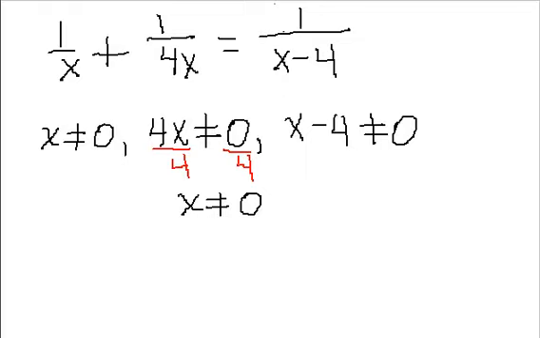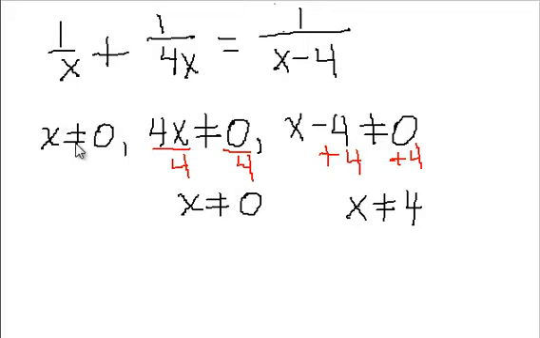All right, now another property of equality that's also a property of an inequality of this type is that I can add the same number to both sides. So I'm going to isolate x in the expression x minus 4 not equal to 0 by adding 4 to both sides. So I wind up with the fact that x cannot equal 4.